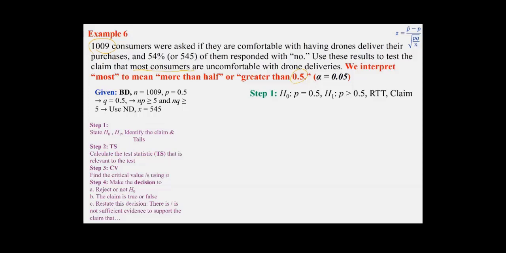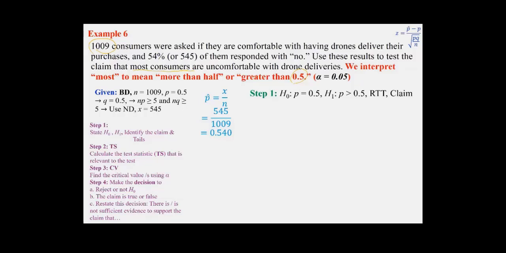All right. Step 2 is calculating test statistic. Look at the top formula. We have to use that to calculate that. And we already have p hat equals 0.54. But if we stick with 545, you can calculate it and it becomes about 0.54. Now using this step, test statistic is p hat.